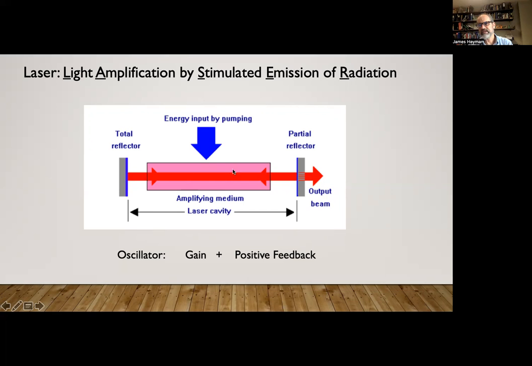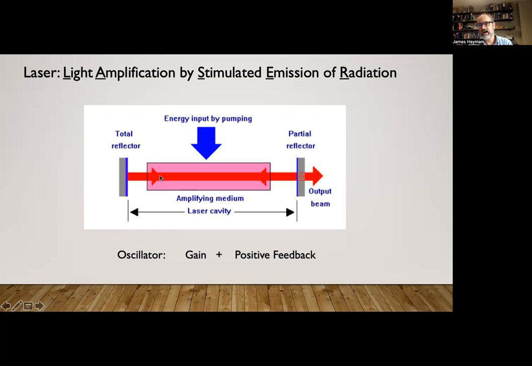Then this amplifying medium is surrounded by a cavity, that is a set of mirrors that reflect the light back and forth through the amplifying medium. So we have an amplifier and we have positive feedback from the mirrors.